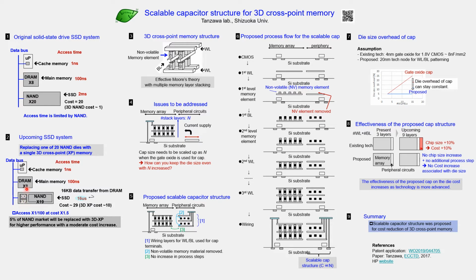In case the data you are looking for doesn't exist in DRAM, then you would have to write the data into 3D cross-point memory first.